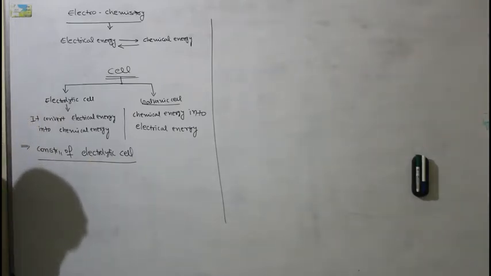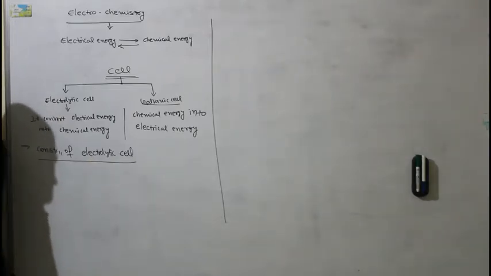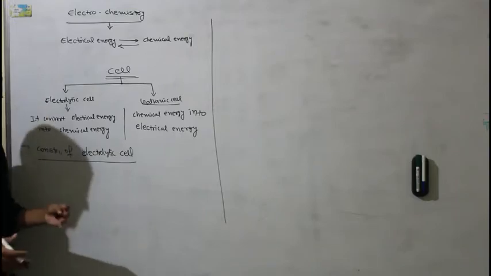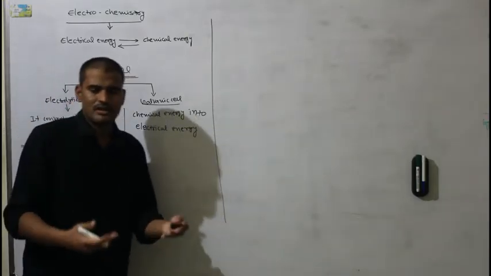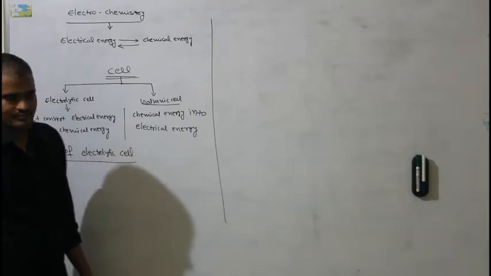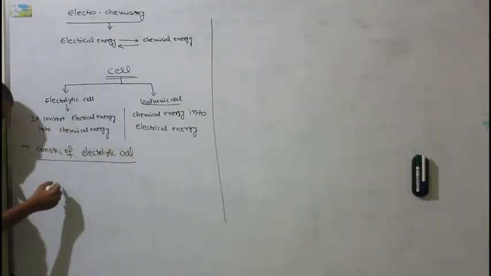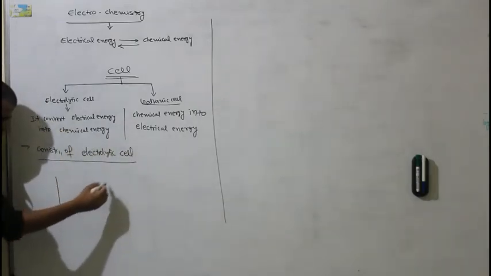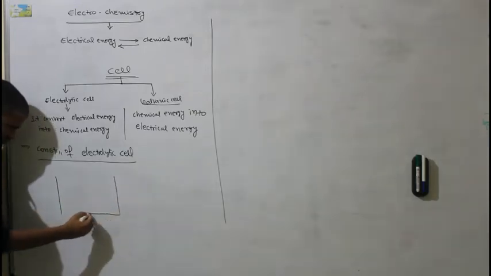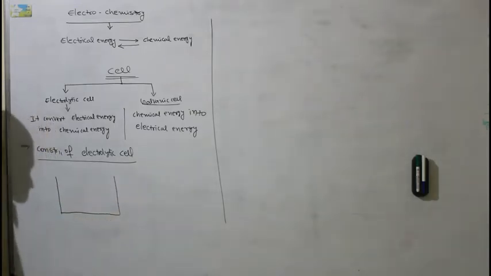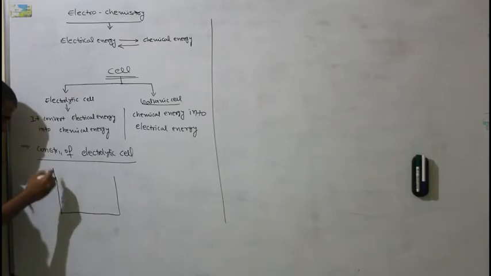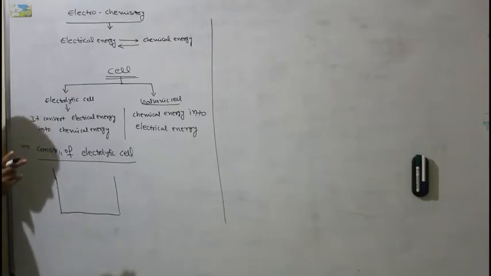In the construction of the electrolytic cell, if you see, it's simple. Electrolytic cell means electrolytic tank, where the electrolysis process happens. So, an electrolytic tank like this. In an electrolytic tank, we will have two metal rods.